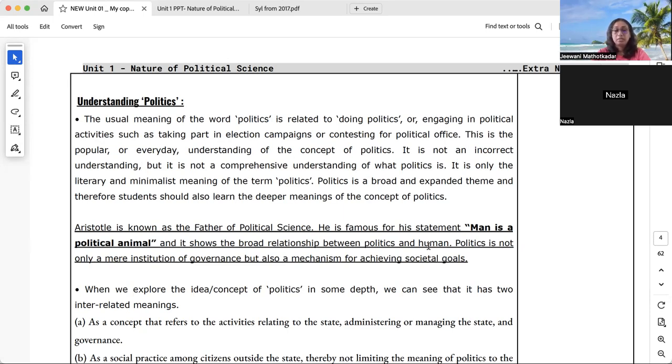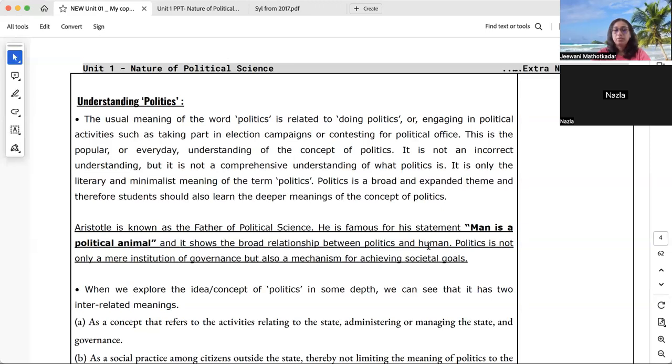Okay. Aristotle is known as the father of political science.